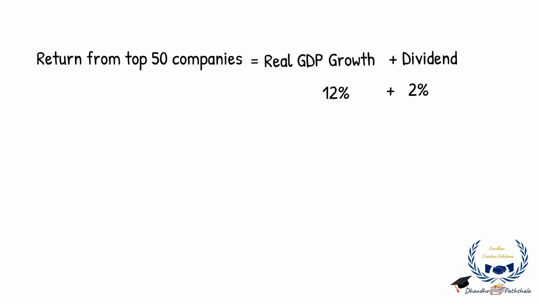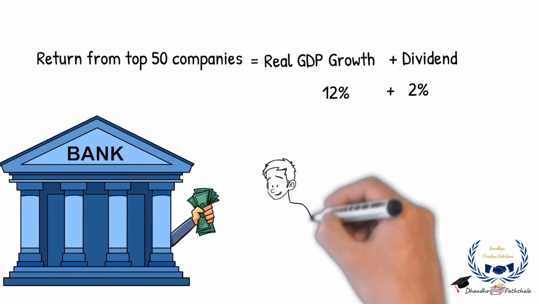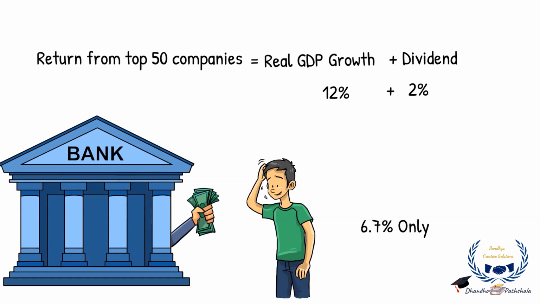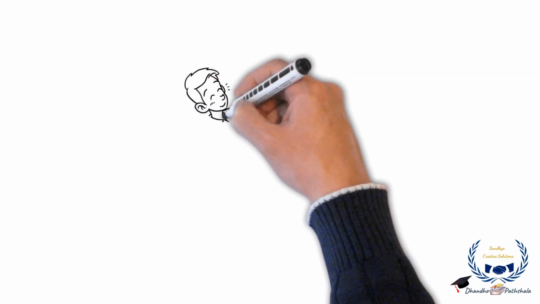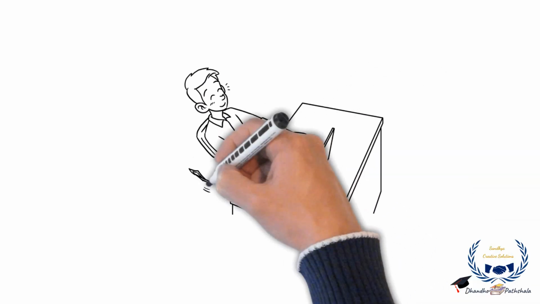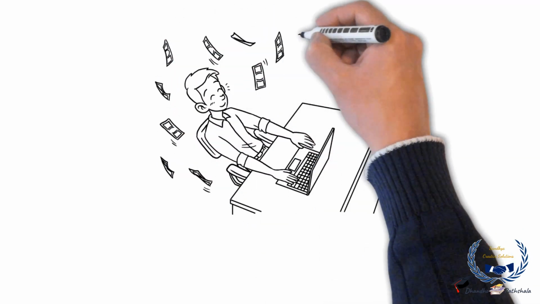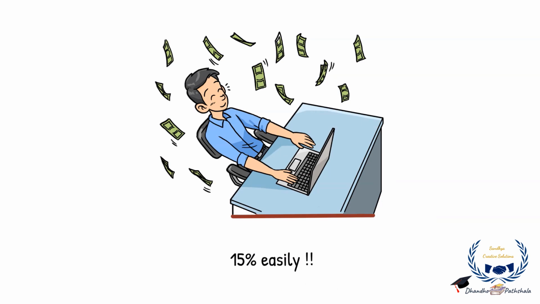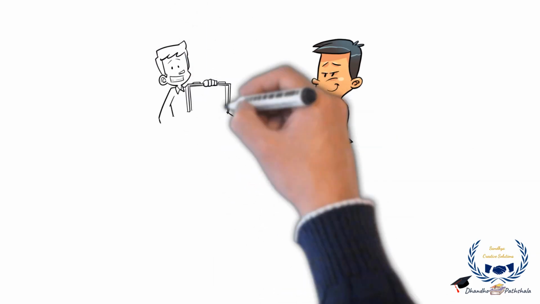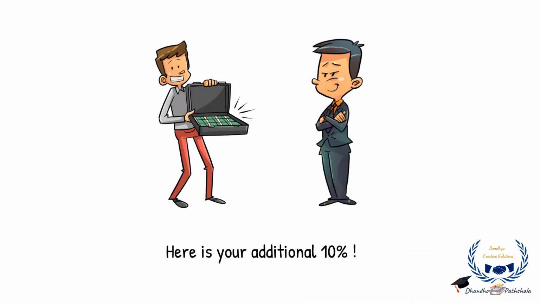At the time of making this video, banks are paying only 6.7% for fixed deposits. That's why investing in business is always rewarding. We can blindly make anywhere from 13 to 15% return by just simply staying invested for the long term. And if we know how to invest, we can boost the return by an additional 10% easily.